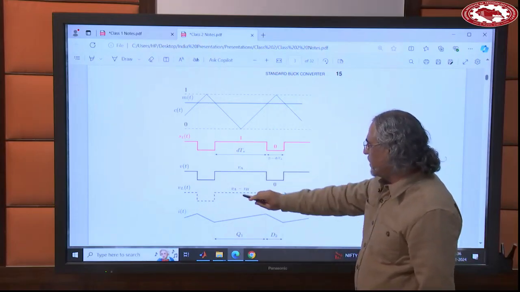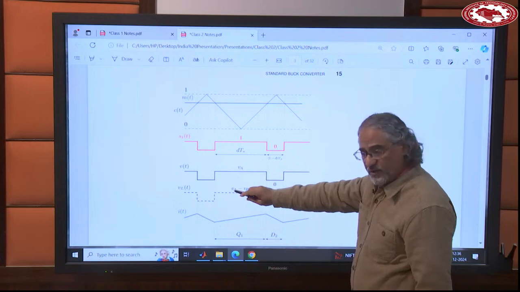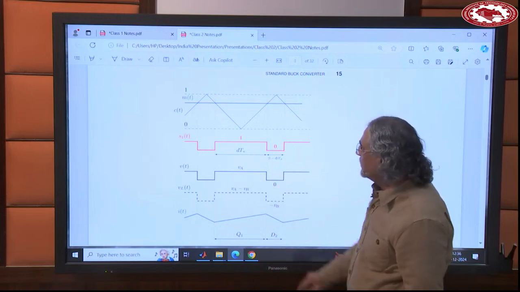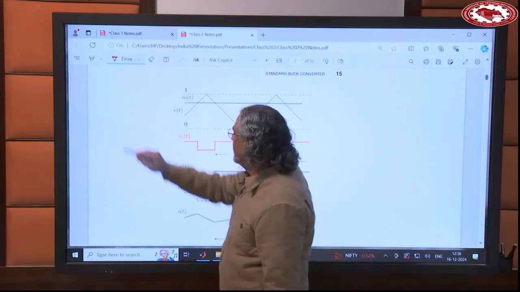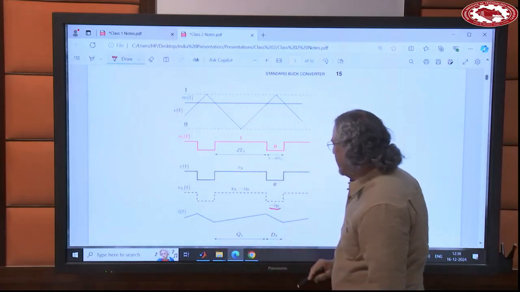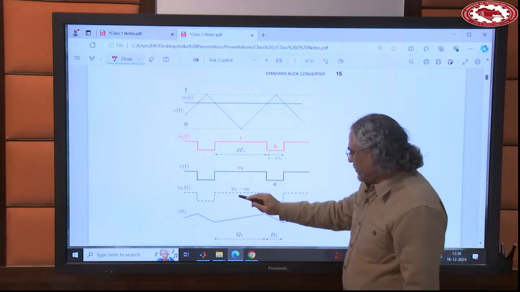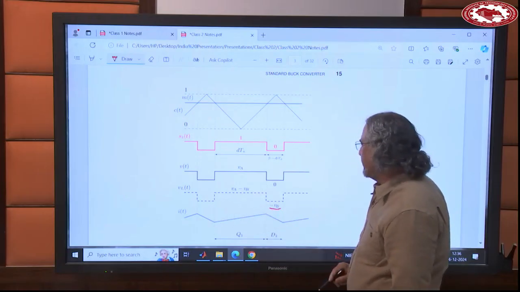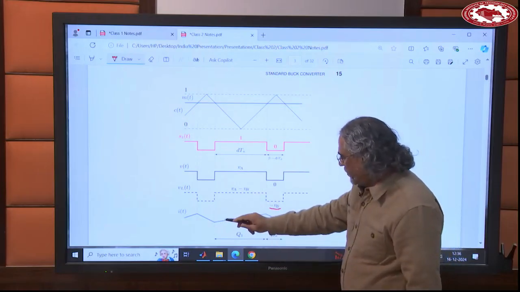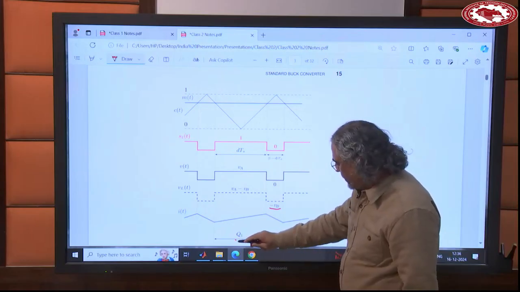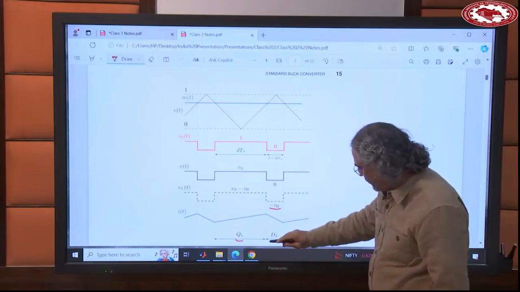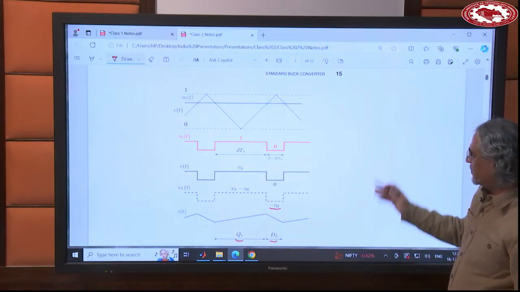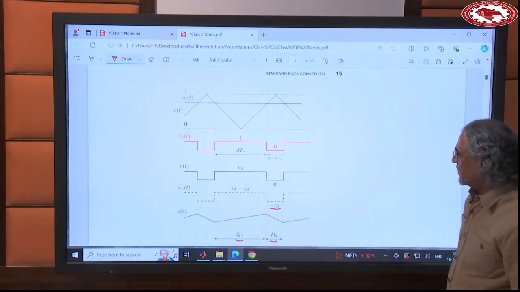And this is the voltage across the inductor, which I said is VA minus VB or negative VB. We discussed that. So negative VB. And if VA minus VB is positive, the current will go up and then the current will go down. During this time, the current flows into the switch. During this time, the current flows into the diode. So this shows a stable scenario.